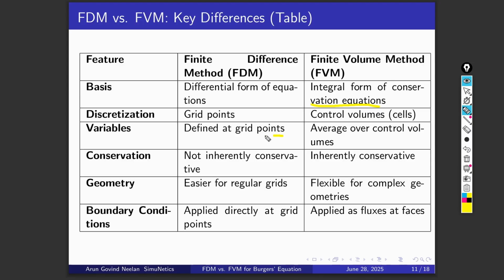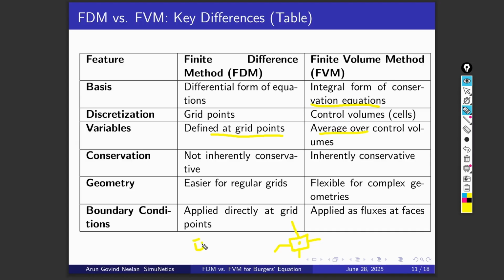Here variables are defined at the grid points, but in finite volume method, let's say we have a cell.